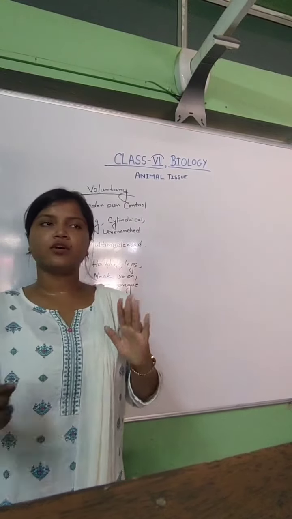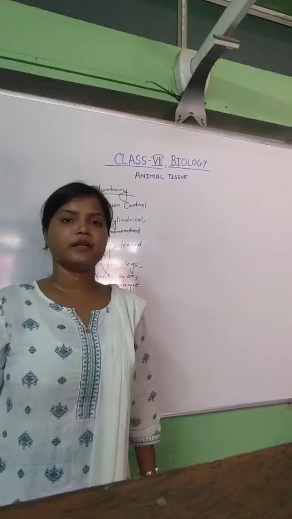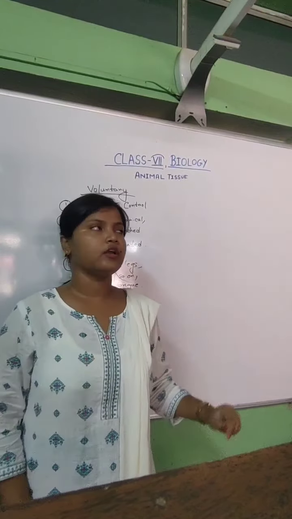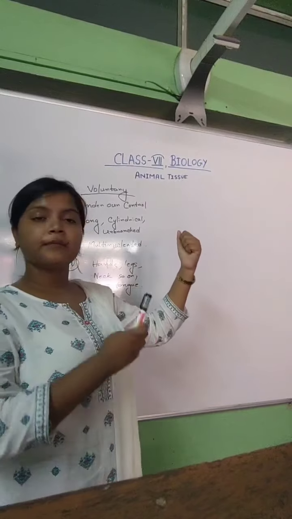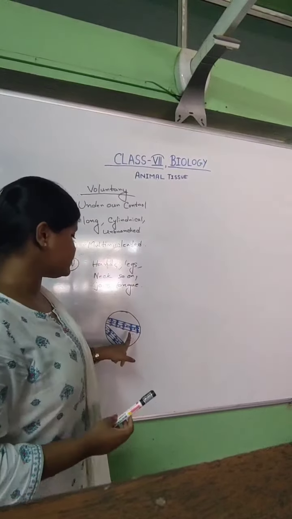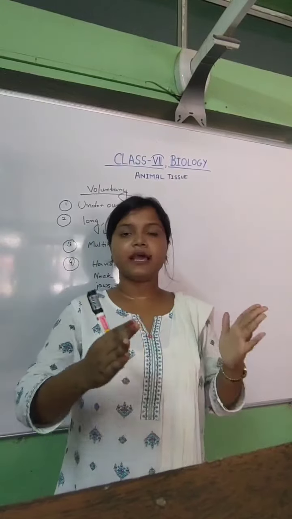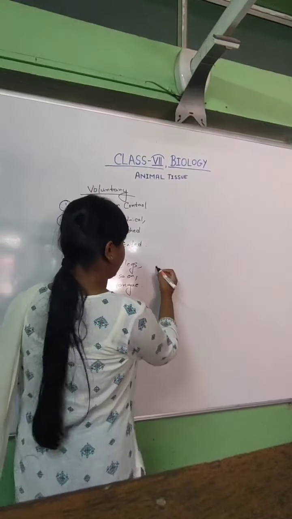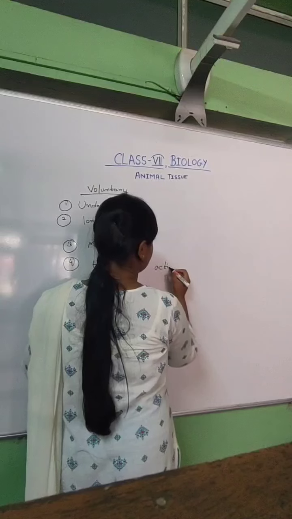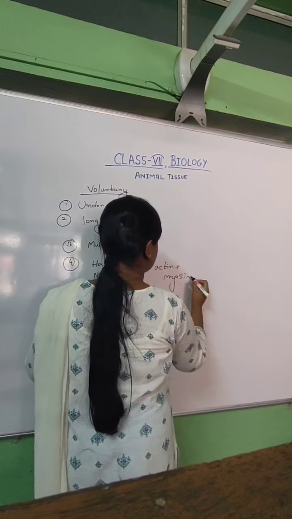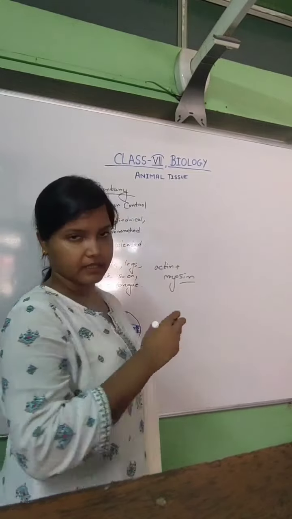These are not in your exact chapter, but if you can remember or understand that, that will be good. Okay, so in the voluntary muscles, there are actin and myosin protein filaments. Actin and myosin, two types. Two types of protein filaments are there.